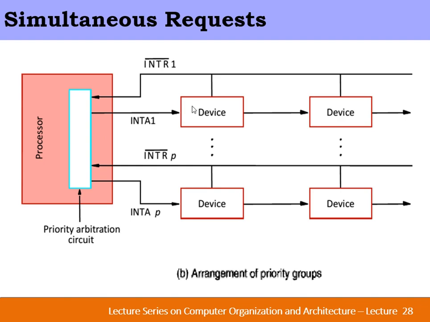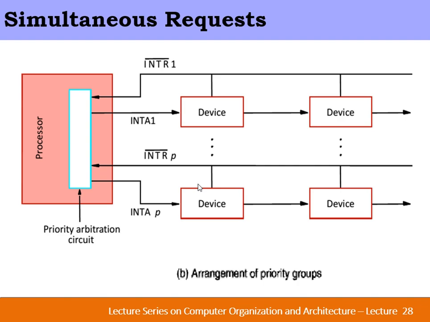So here every group will have a different priority level, and they are connected in the form of daisy chain mechanism. Therefore, this mechanism gives both opportunities. That is, the set of devices which have more priority will get service first, and among those, the one which is closest to the processor is going to get service once it goes to the daisy chain mechanism.